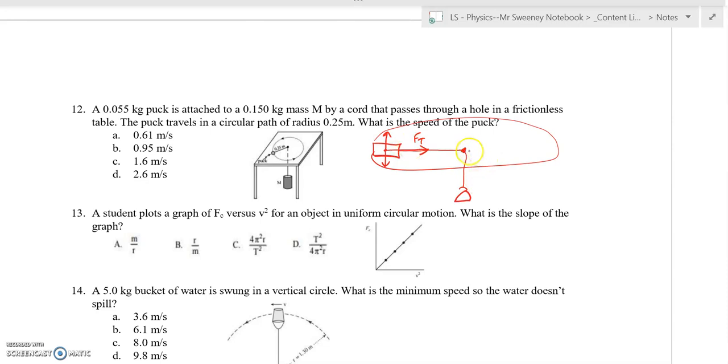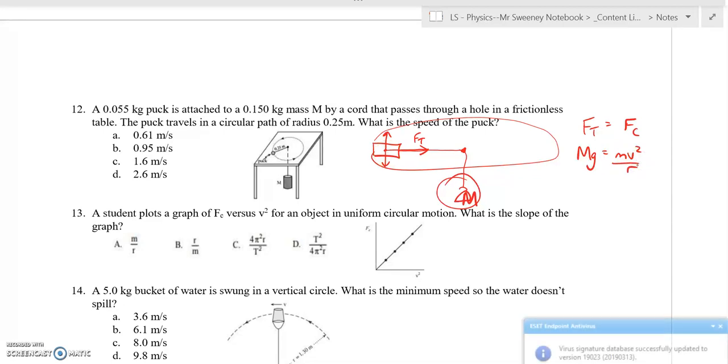That tension is your centripetal force, and what is causing that? It's this hanging mass down below. So it works out to this force of tension is your centripetal force, and this force of tension is big mass M times 9.8, and that equals little mass m, the little puck, times v squared over r.